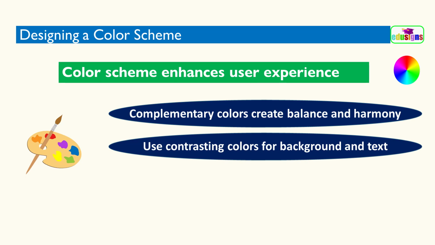Use contrasting colors for background and text to make your site easier to read. Dark blue or dark red text on a black background is very difficult to read and should be avoided. Use one of the many color contrast checkers to ensure you have adequate contrast.